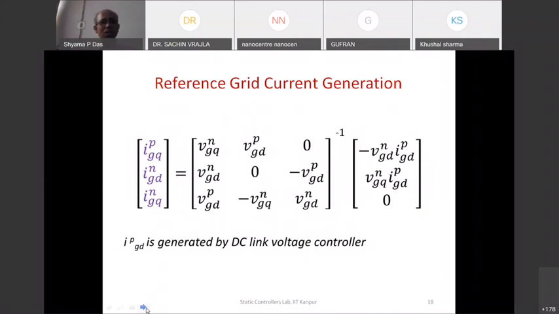This is basically the current which is responsible for the active power, because this interacts with VGDP to give us the active power. So it's responsible for the main active power flow between the AC utility and the DC microgrid. So this is generated by the DC link voltage controller. Next slide, please.